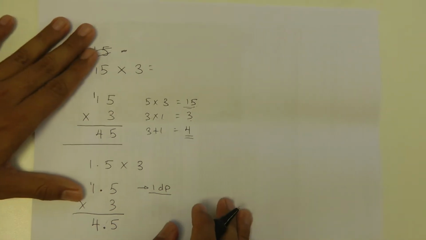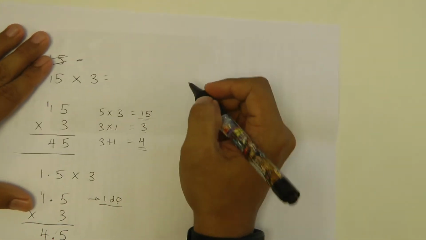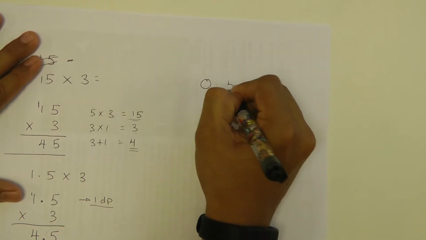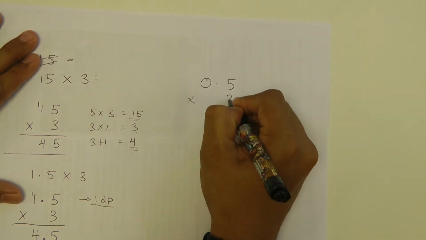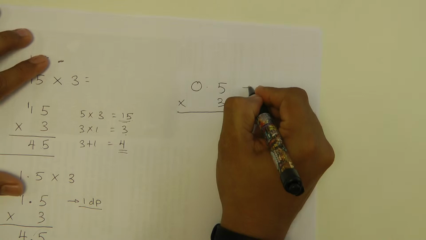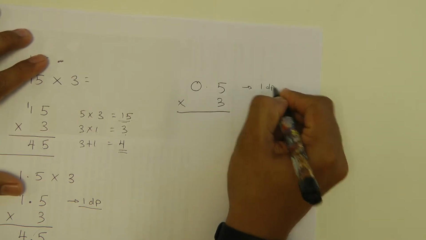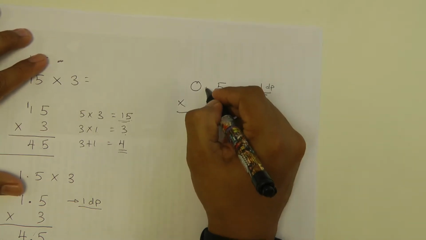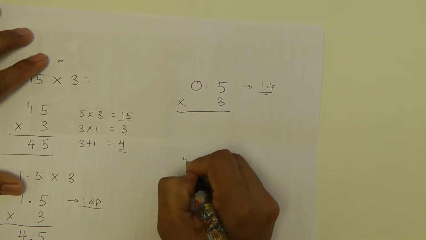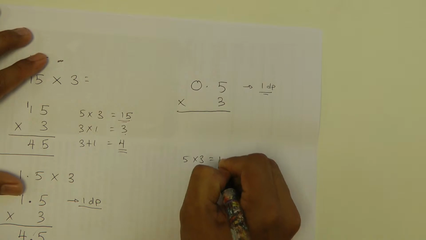Okay, let's do another example here. 0.5 multiplied by 3. The first thing I need to make sure is I remember it's 1 decimal place. So I'll take 5 times 3, which will give me 15.